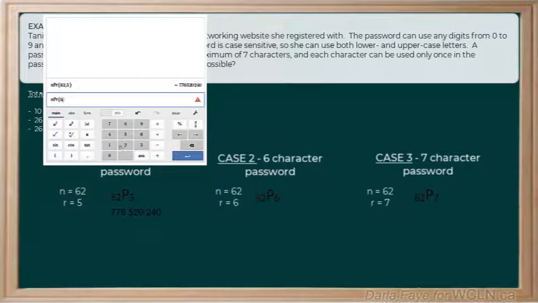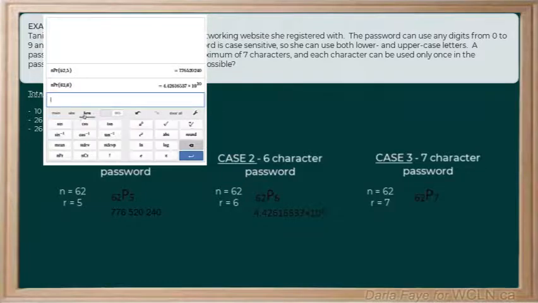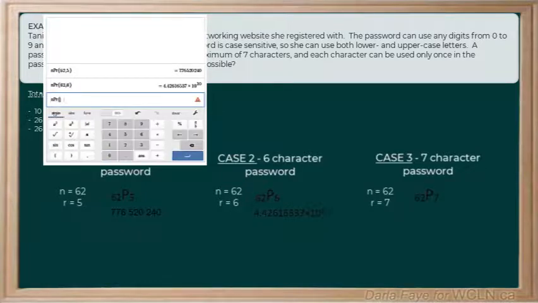The next scenario, where we have 6-character passwords, we get 4.426, etc., times 10 to the power of 10. That's written in scientific notation. That's a really large number. And then case 3 with the 7-character password, you can imagine there's even more possible permutations. So this one is 2.478, etc., times 10 to the power of 12.